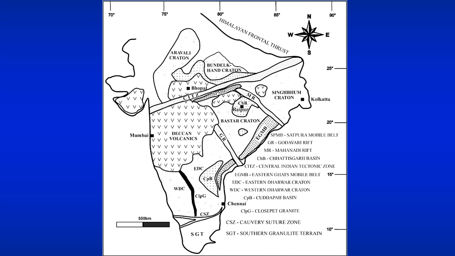This is what the geologists believe, that we have different suture zones as shown here. So, overall, the Indian subcontinent is the amalgamation of microplates.